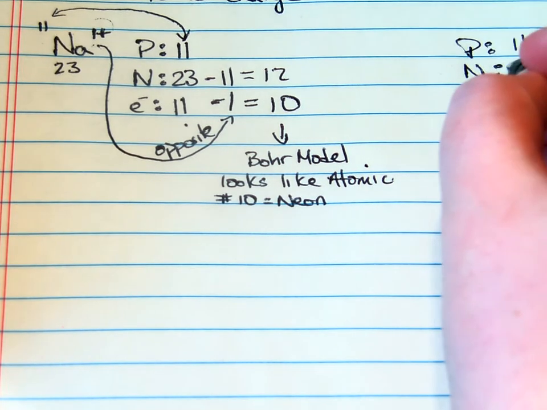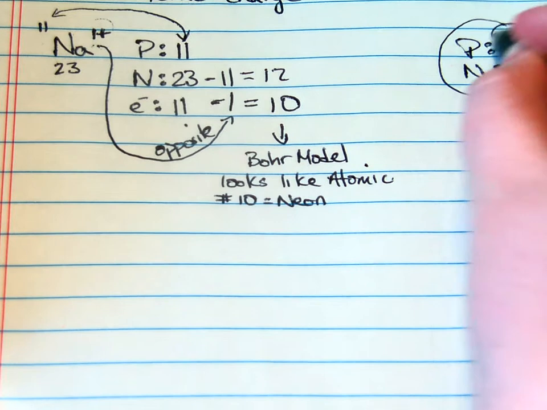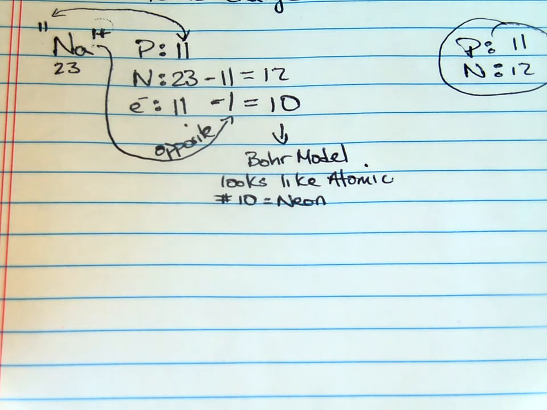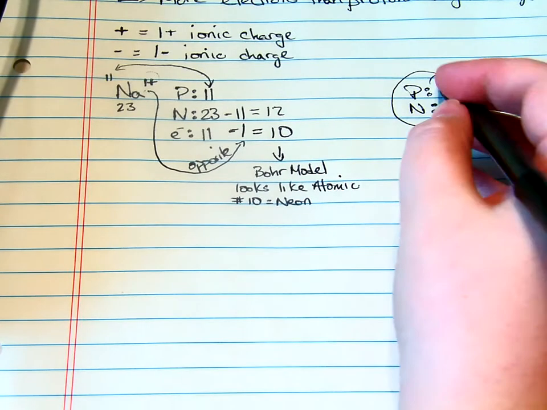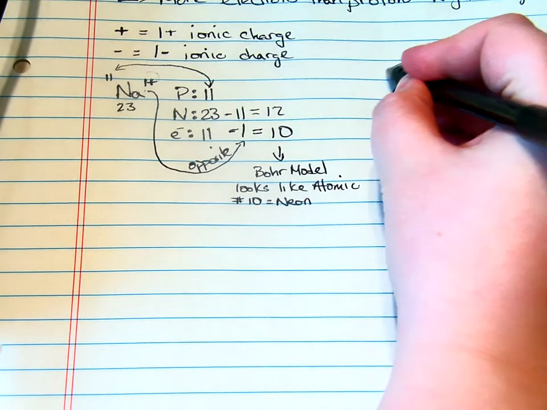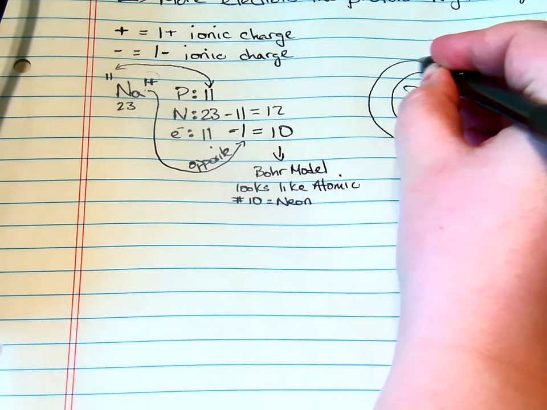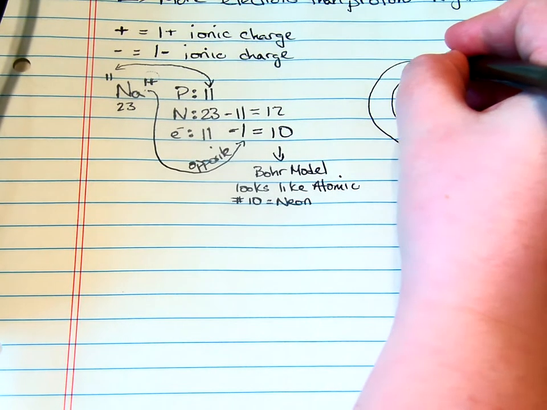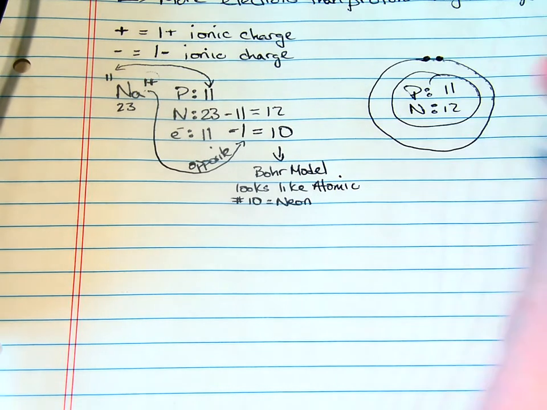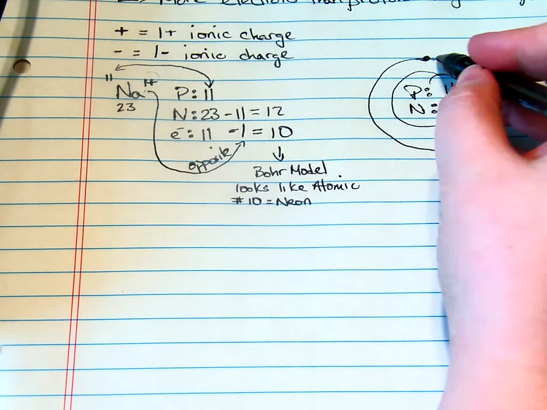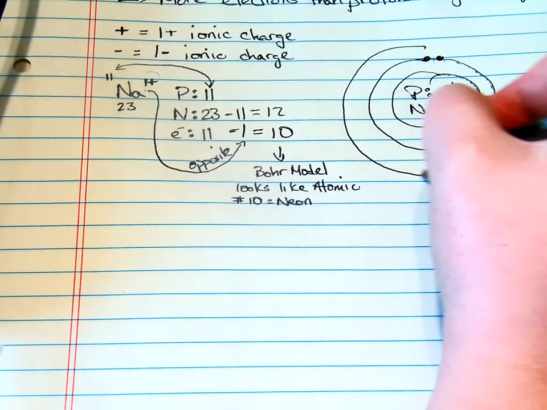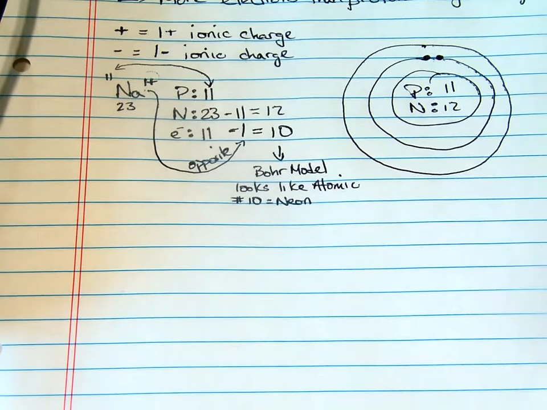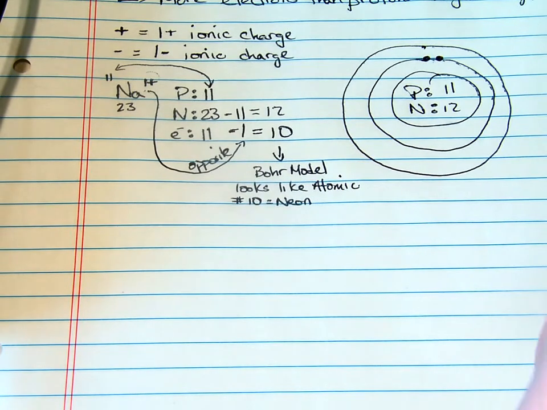So protons, neutrons, 11 protons, 12 neutrons. Remember that first nucleus. Let's go out. First nucleus doesn't have any electrons on it, very important. First shell then has 2 electrons up at the top. Some of you lost marks because you kept placing them, one at the top, one at the bottom. Both at the top, please. Then that 2nd shell, we know it's going to be full.